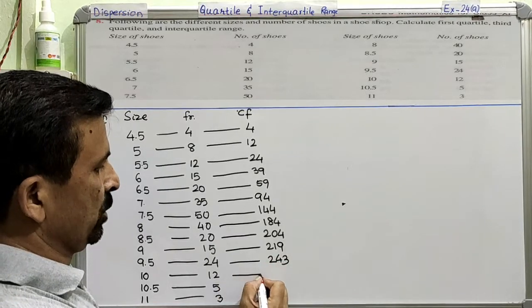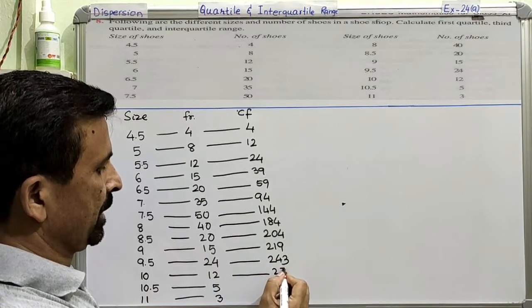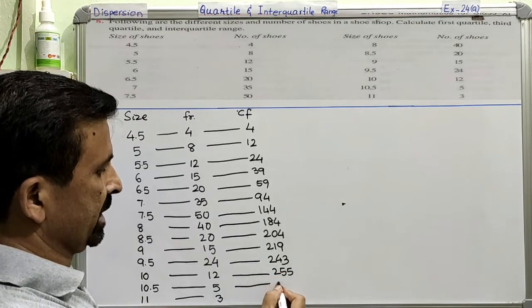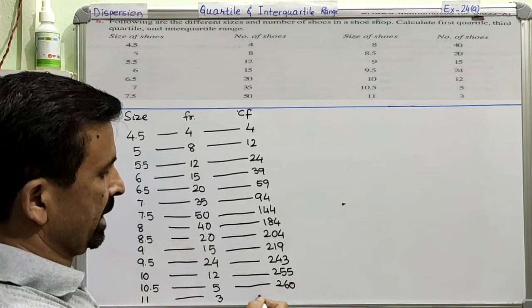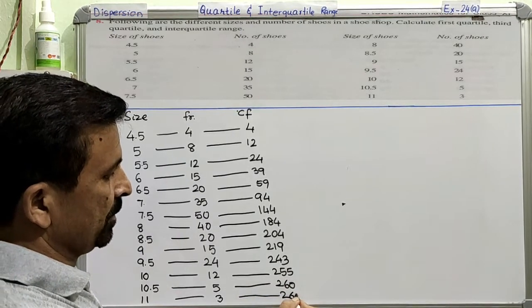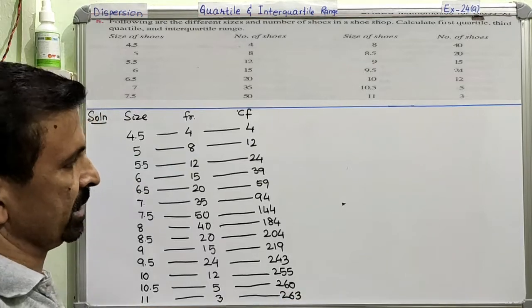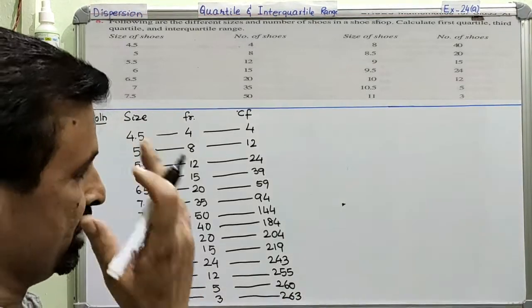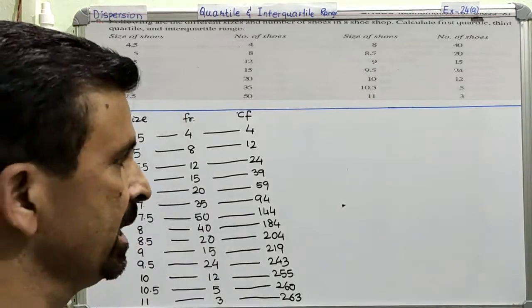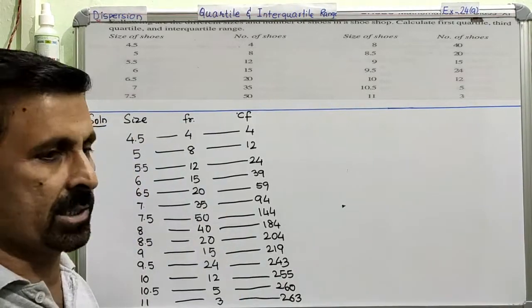Then this will be 255. Then this will be 260. And then last will be 263. I try to do calculation verbally as fast as possible, so maybe there can be sometimes error. Please cross check and let me know if there is any error. So this is the cumulative frequency calculated.